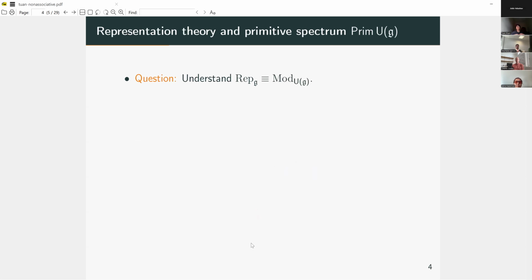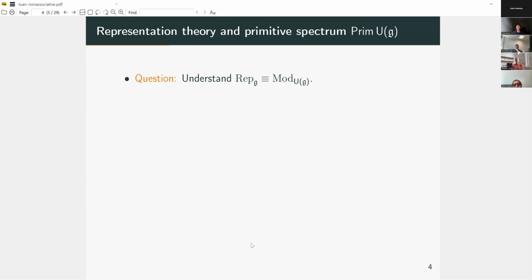As I hinted before, whenever we have an algebraic structure, one of the things we want to learn is its representations. This allows us to use linear algebra to better understand our algebraic structure. In other words, what we want to learn is the representation theory of the Lie algebra g.